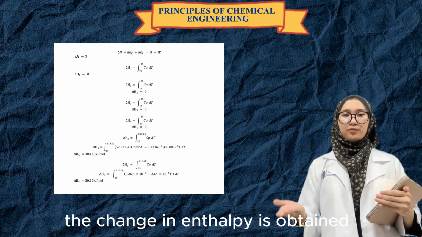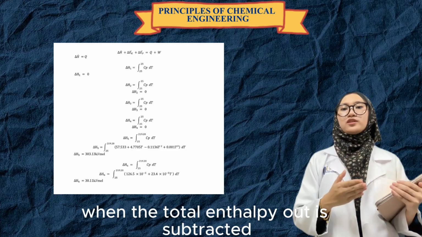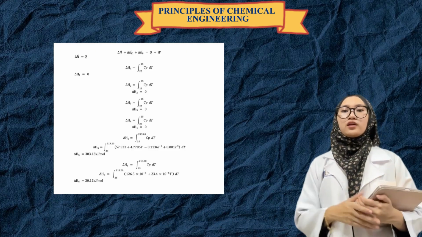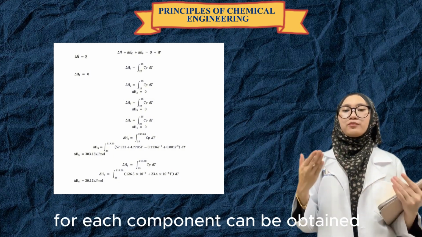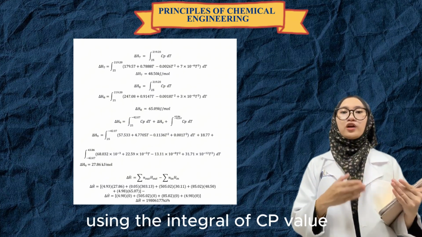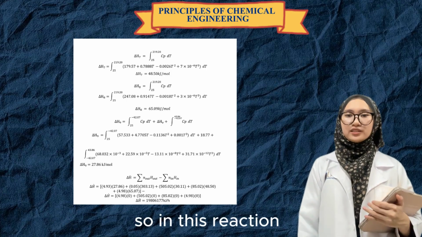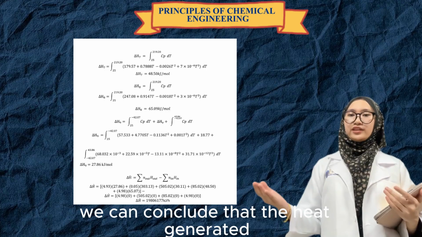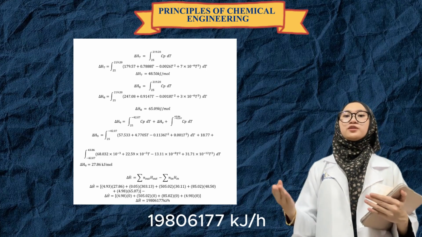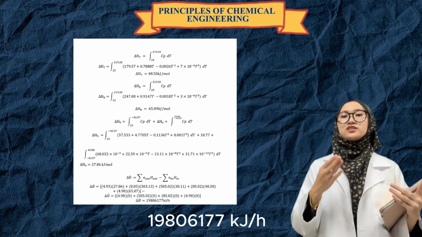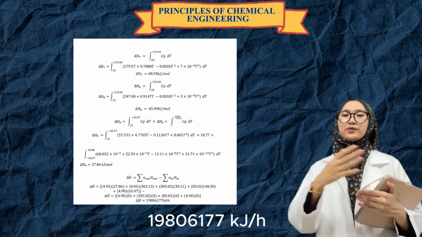The change in enthalpy is obtained when the total enthalpy in is subtracted from the total enthalpy out. Total enthalpy for each component can be obtained using the integral of Cp or by referring to the enthalpy table. So in this case, we can conclude that the heat generated in this propane distillation column is 90,806,177 kJ per hour.